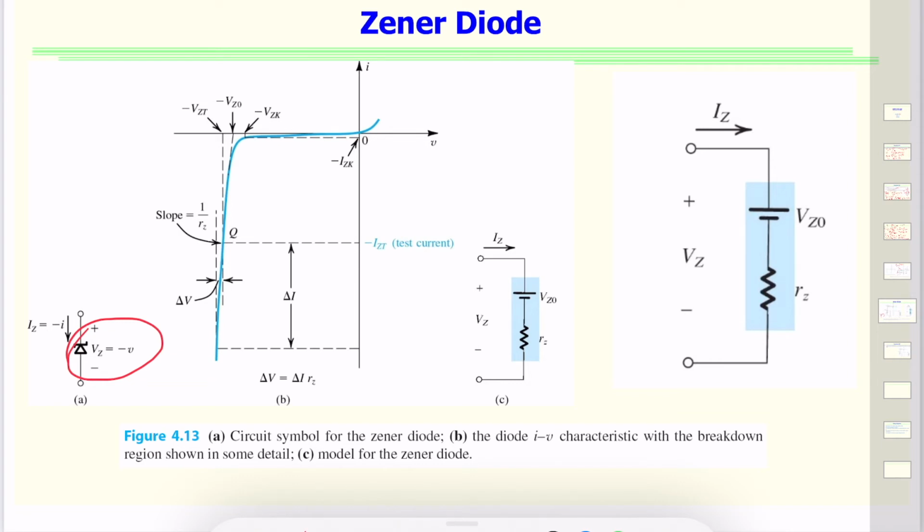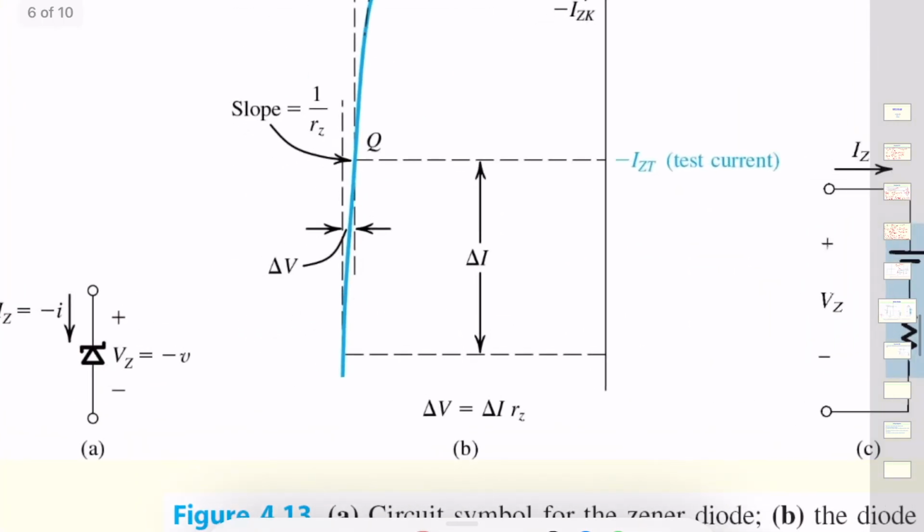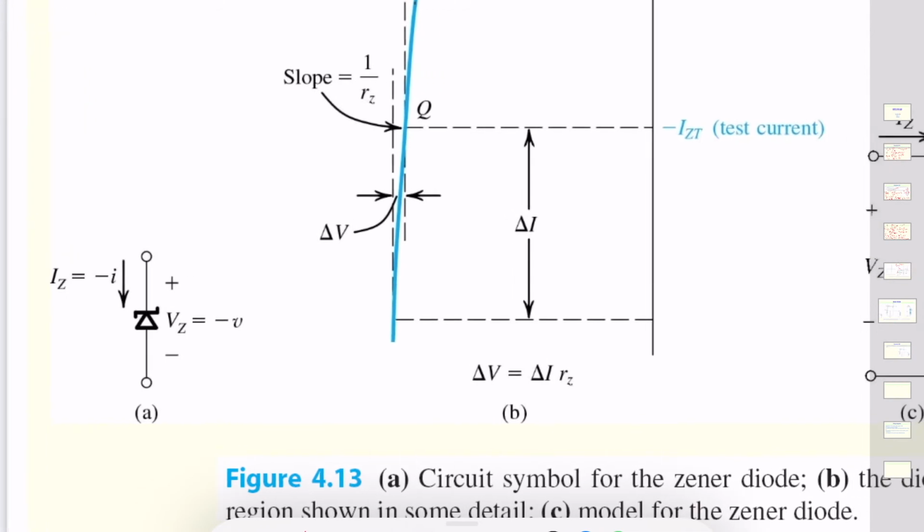Now it's reverse bias, so the current flows into the cathode, and the cathode is positive with respect to the anode, as we can see in this case also. Zener current and Zener voltage both have positive values.